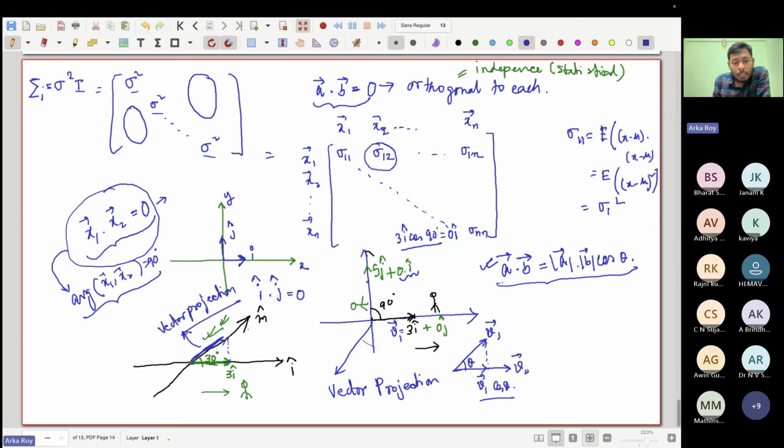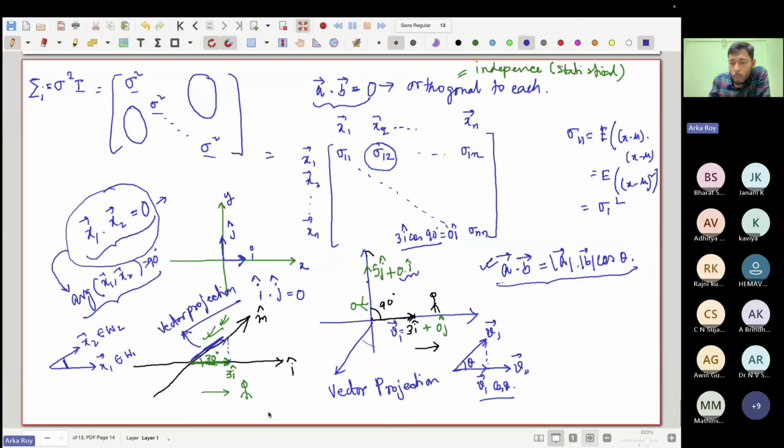And if you take features like this, which have correlation with each other, x1 and x2, let's say x2 belonging to class omega 2 and x1 belonging to class omega 1.